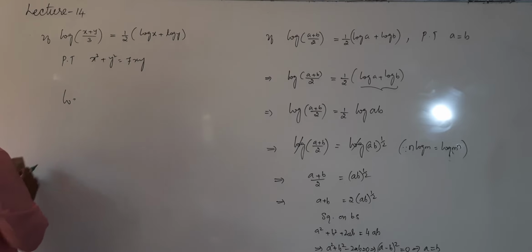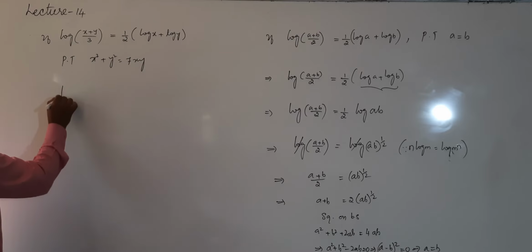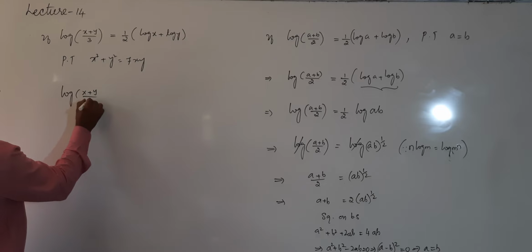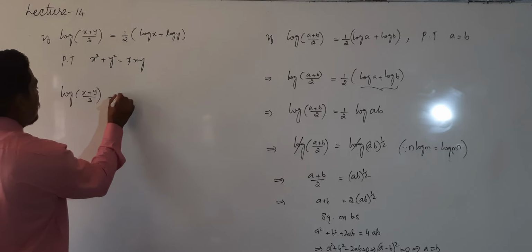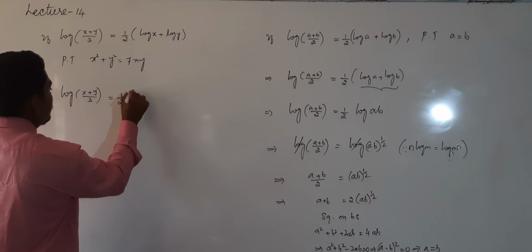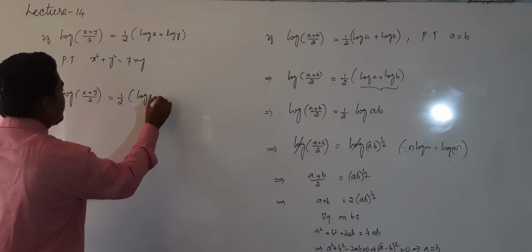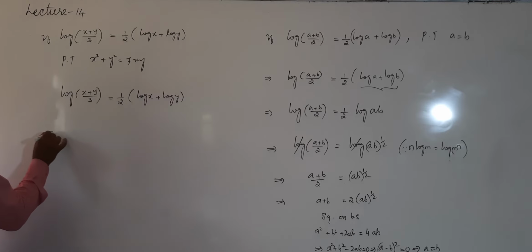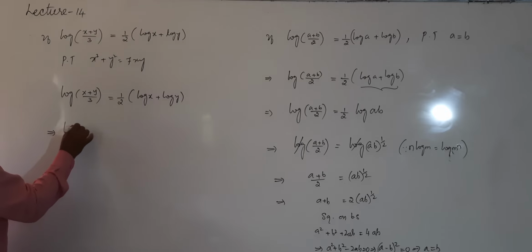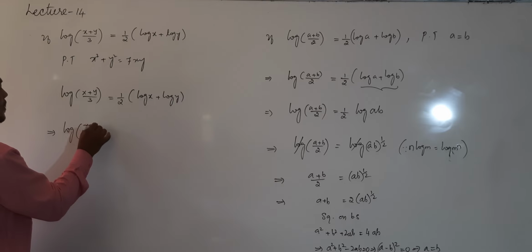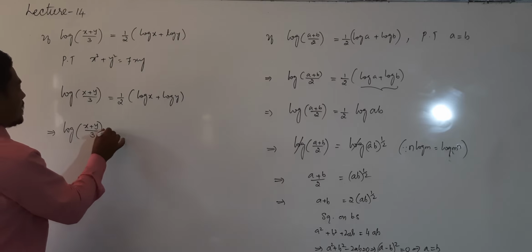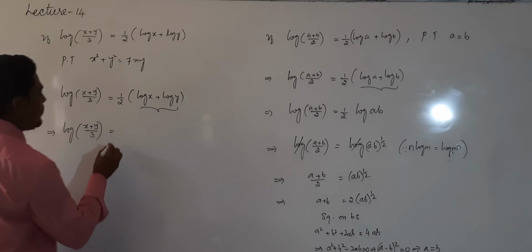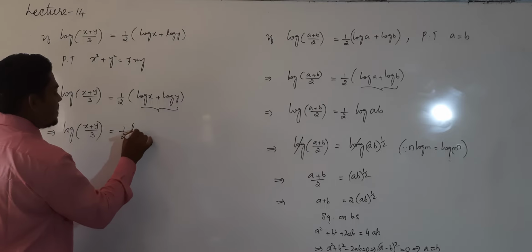Consider the given condition. Log of (x plus y) divided by 3 equals 1 by 2 times (log x plus log y). For this apply the log m plus log n formula. 1 by 2 remains as it is.